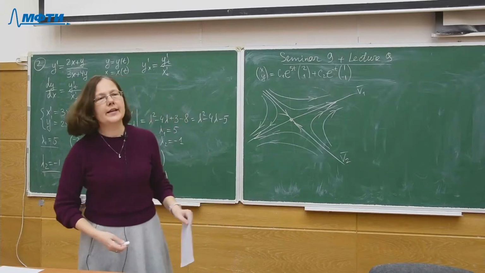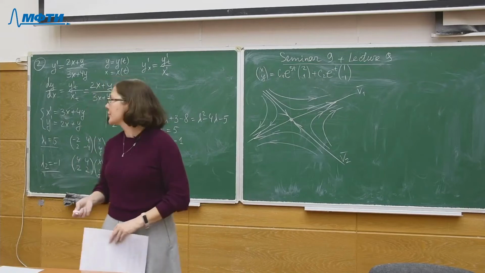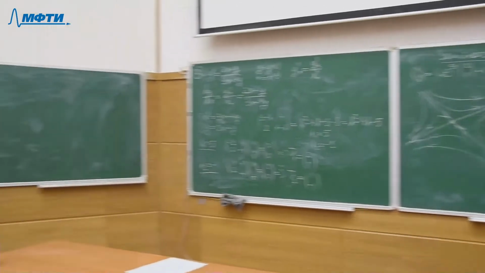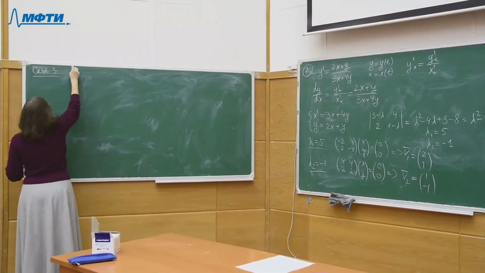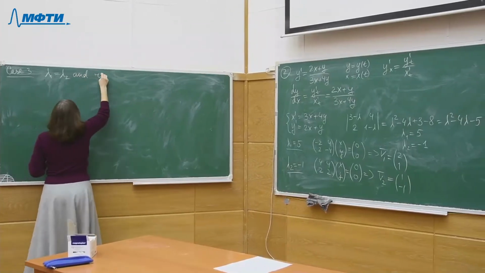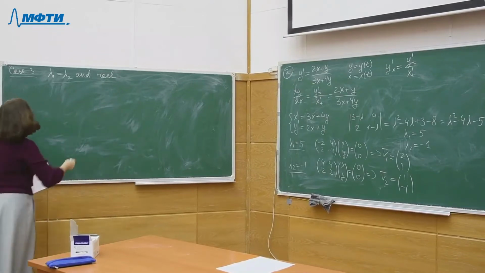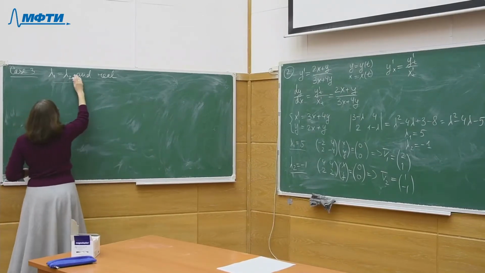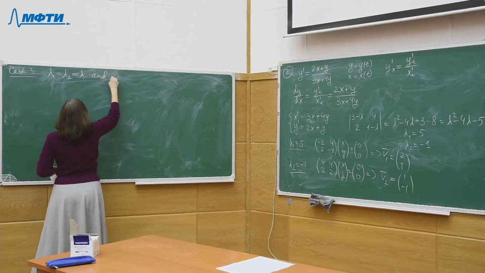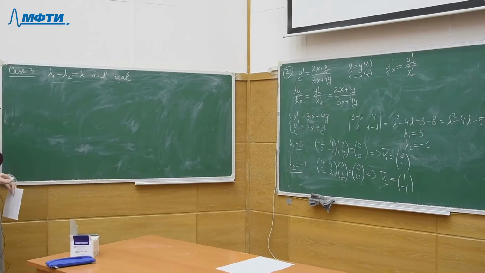Let's consider the case of equal eigenvalues, equal and real. So suppose they're equal to lambda. There are two subcases.